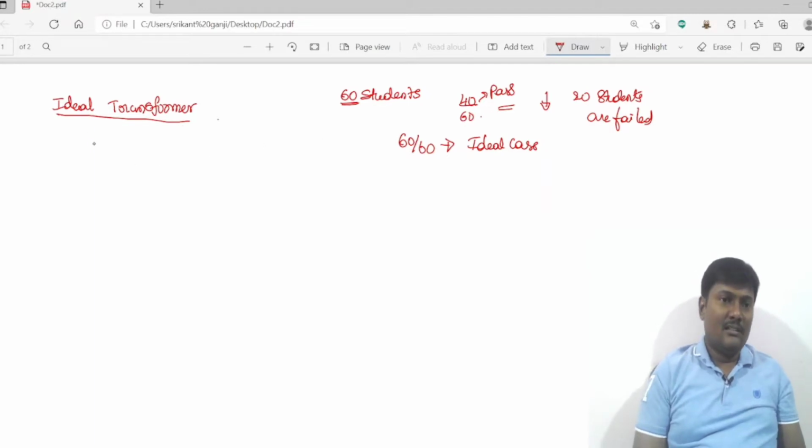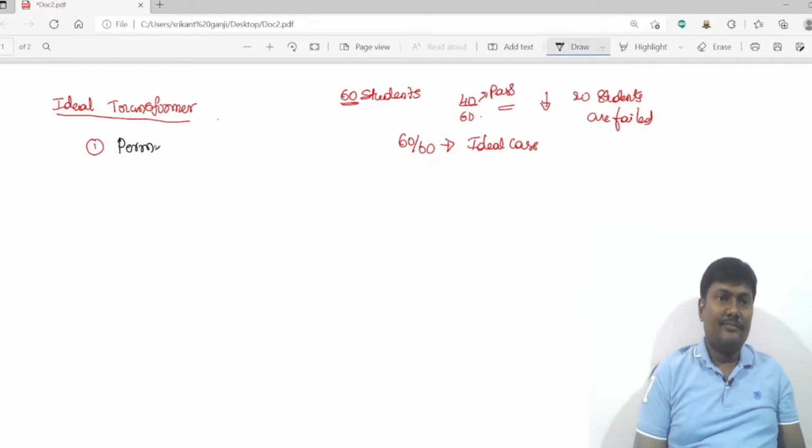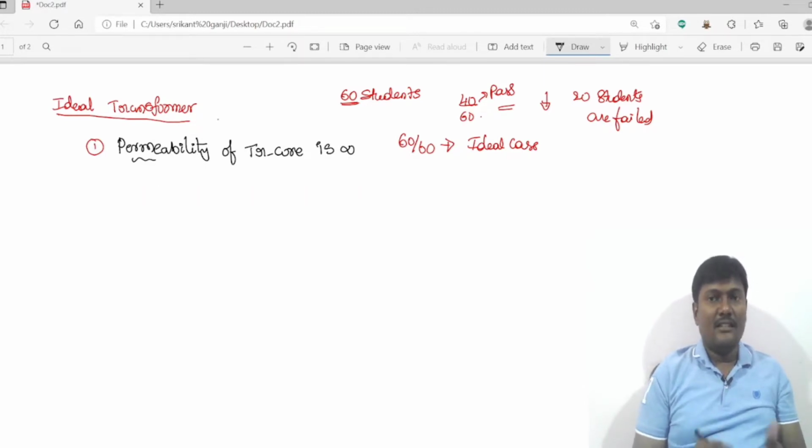The first feature of an ideal transformer is that the permeability of the transformer core is infinity. Permeability is defined in a magnetic field.